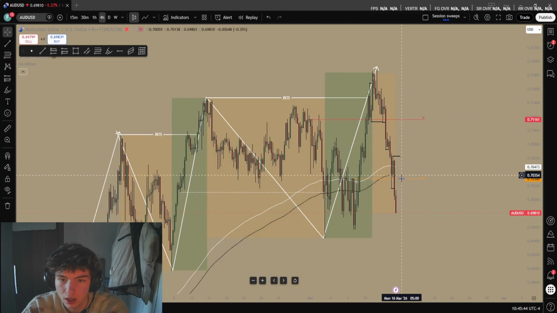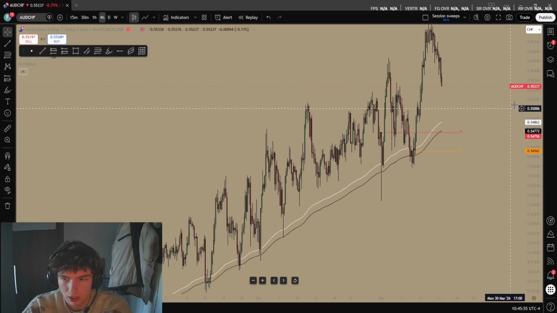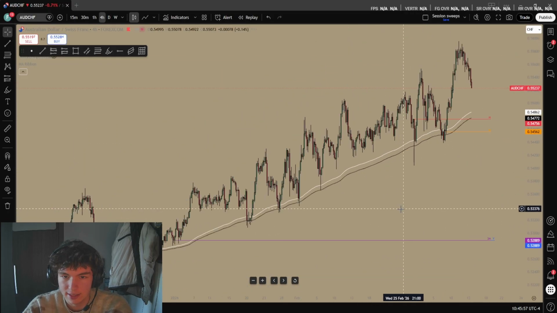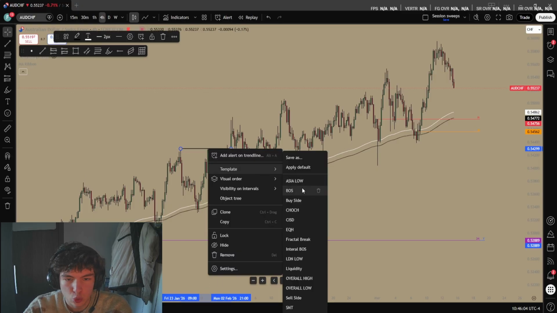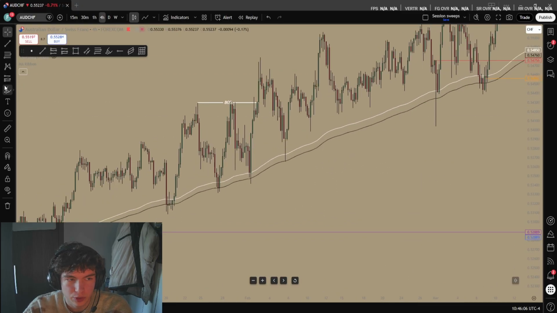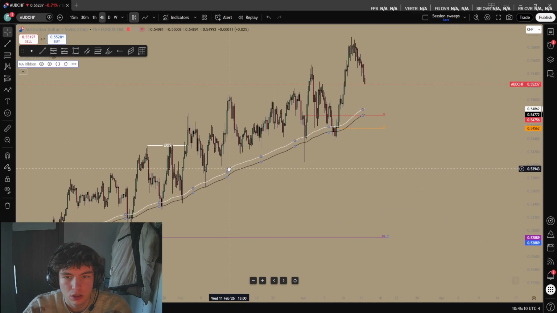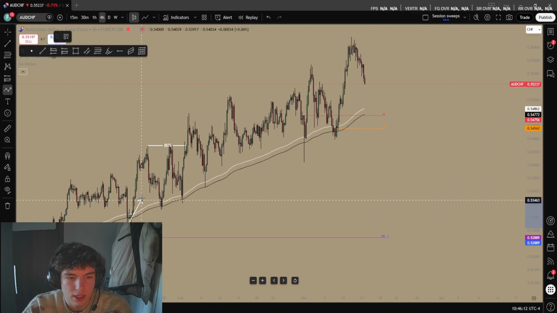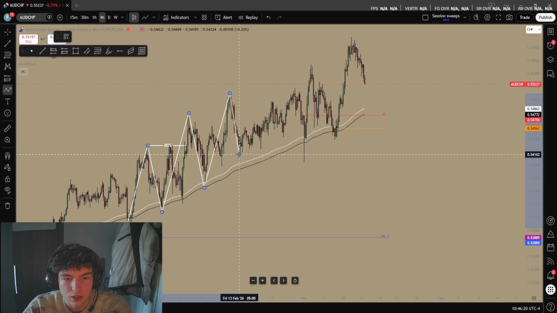And if we look at another pair, let's take AUD CHF for example. This is just a naked chart. On the 4-hour, what can we see? We get a swing break of structure, because if we draw the overall swing market structure, we can see that we make a low, a high, a higher low, a higher high, a higher low, a higher high, a higher low.